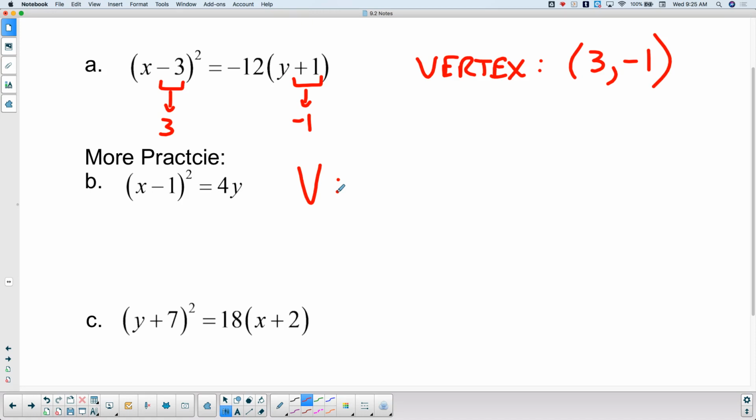Yep, 1, 0. I look here. For my x part, I think opposite, that's 1. I look here, there's nothing there. Don't even have to think opposite, because it's just 0. In the third one, in C, what is the vertex?